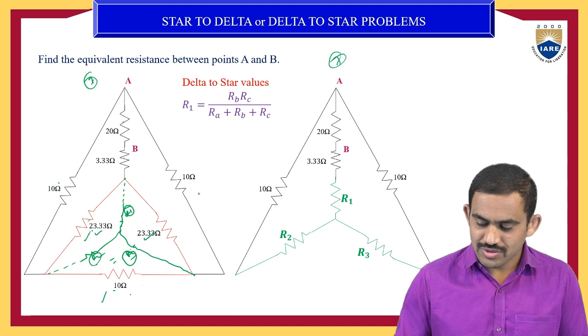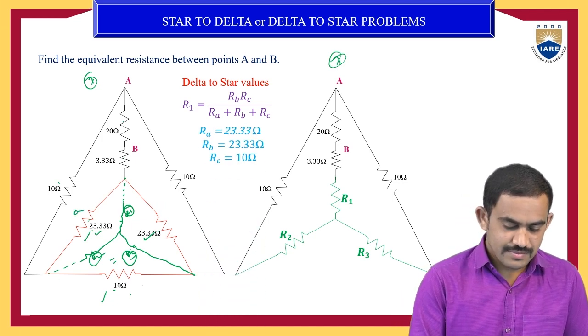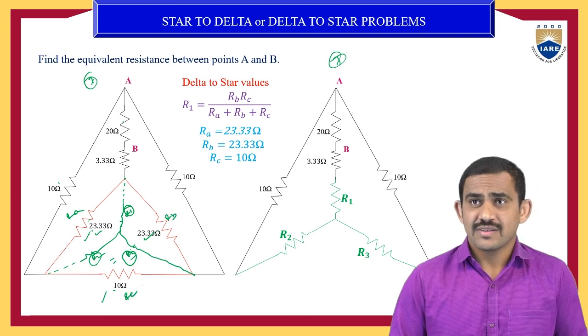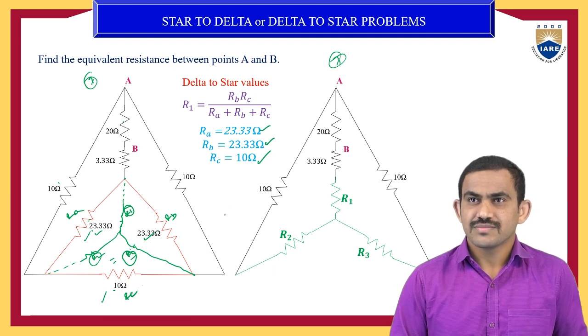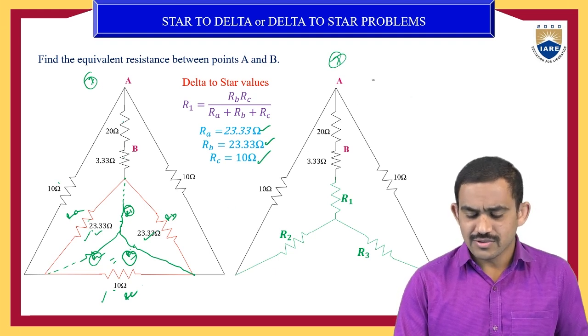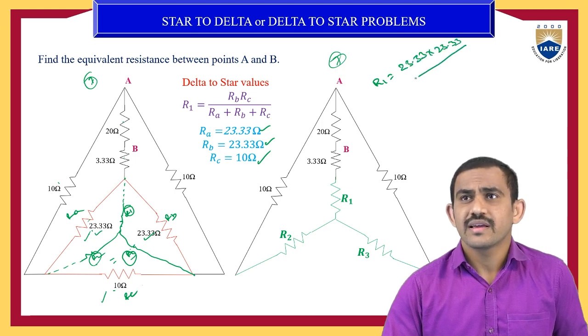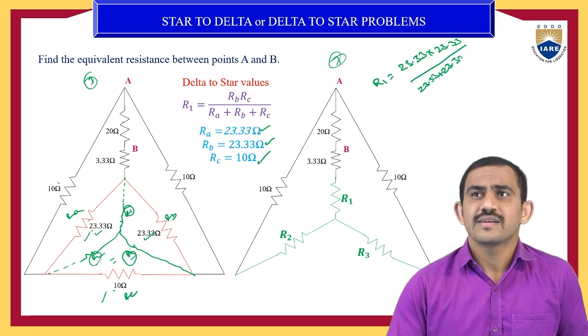Okay, just substitute those values. Suppose this is RA, and this is RB and this is RC. So we have the RA value, RB value, RC value. Then what is our value? R1 equal to 23.33 into 23.33 by 23.33 plus 23.33 plus 10. So that is your R1 value.